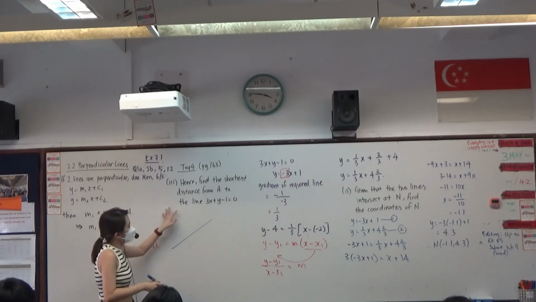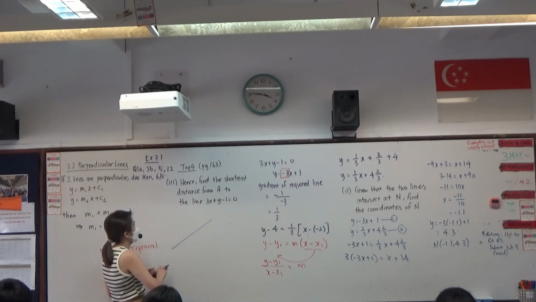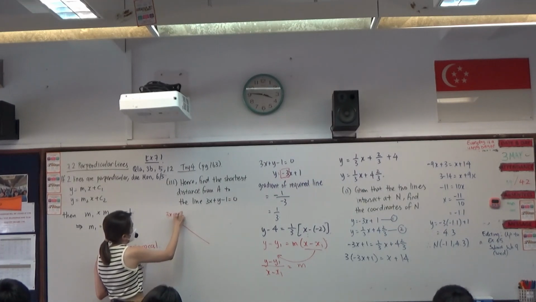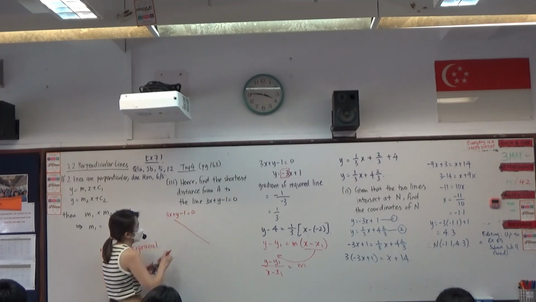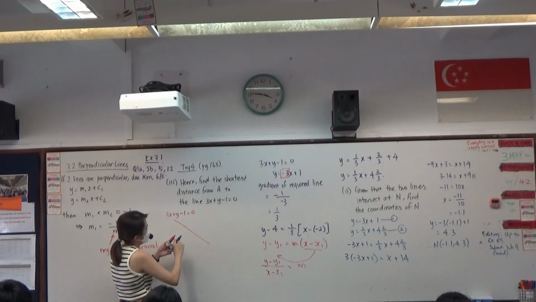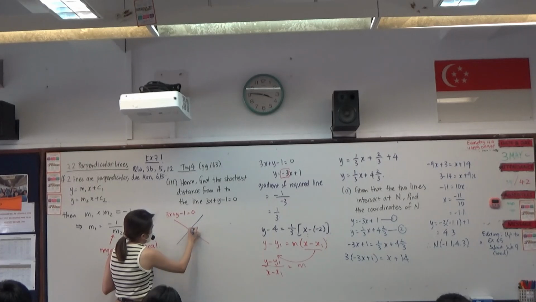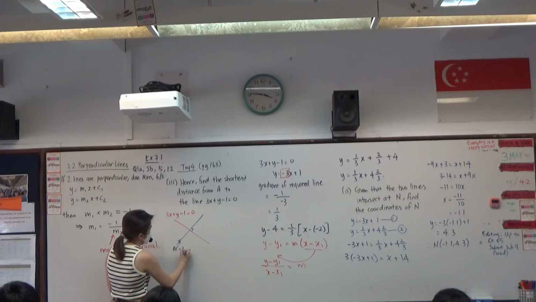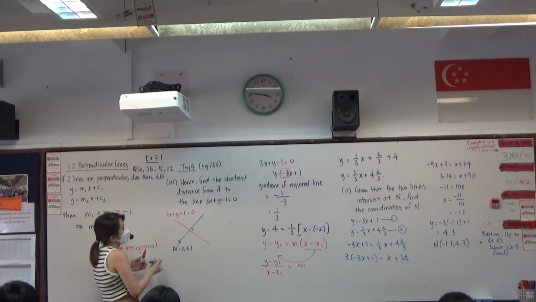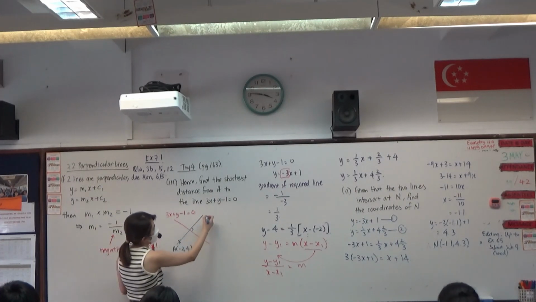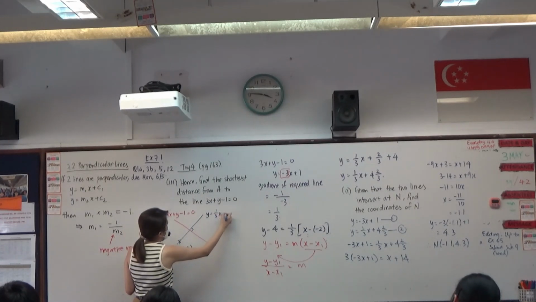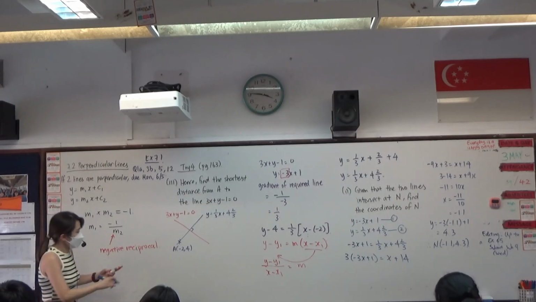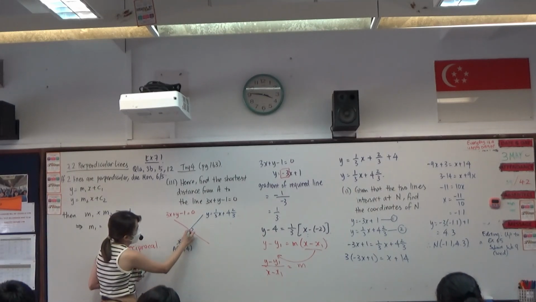We have a line 3x plus y minus 1 equals 0 already. And then we also found the equation of the perpendicular line, which passes through the point negative 2, 4, with the equation y equals 1/3 x plus 4. So N is the point of intersection here.